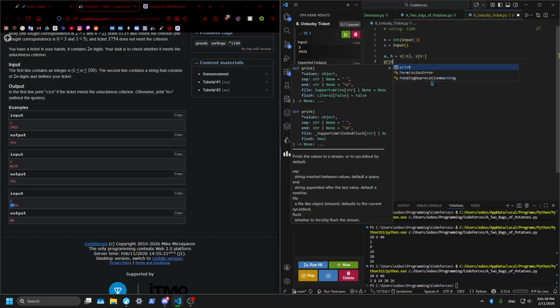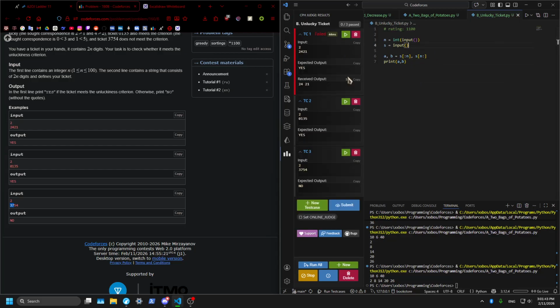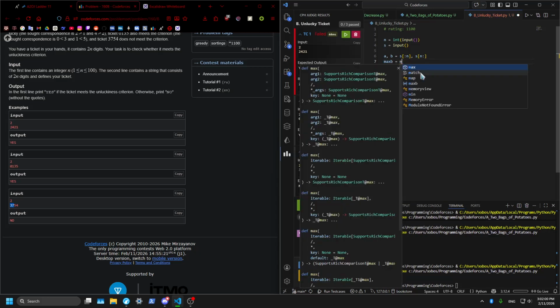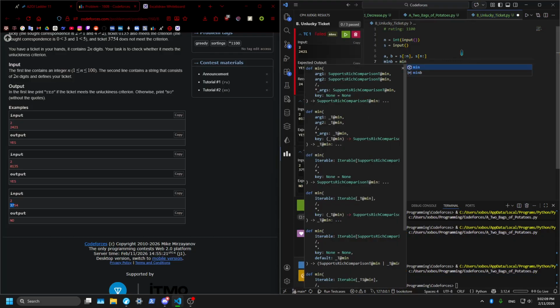Print A, B. 2421, yes, this is exactly what I wanted. Now max B equals max of B, and min B equals min of B.